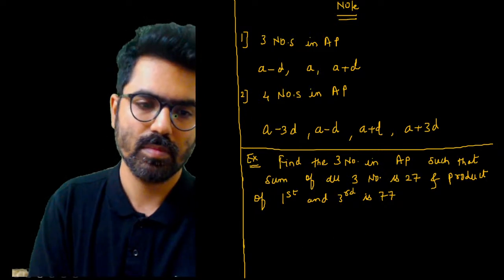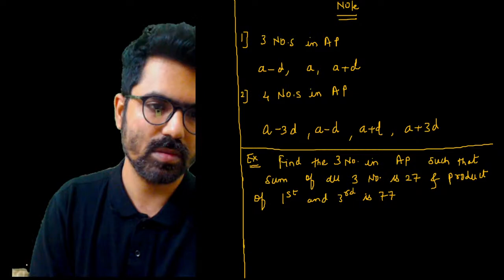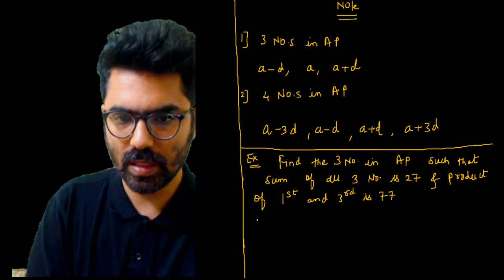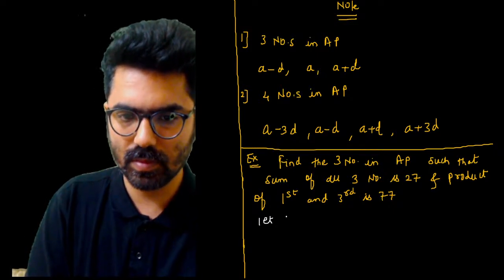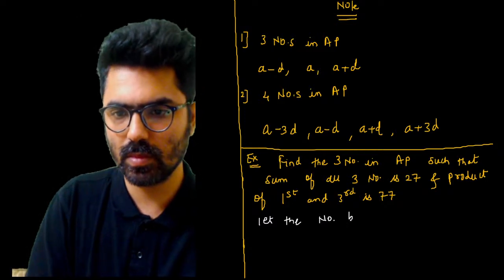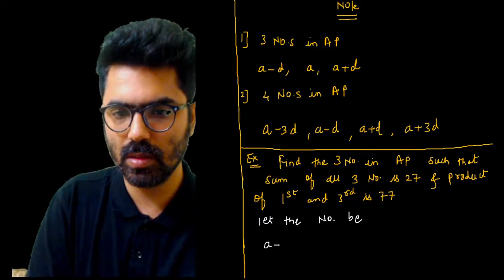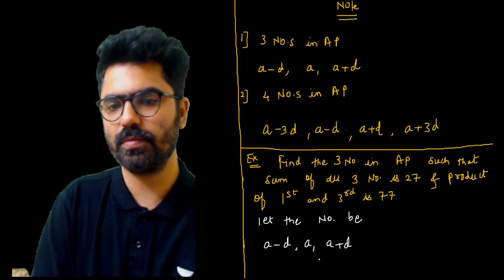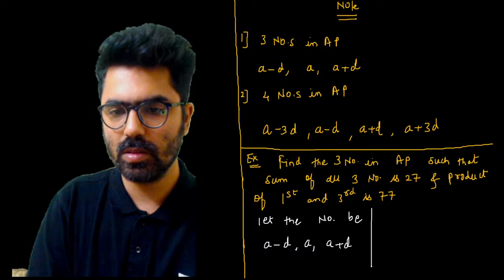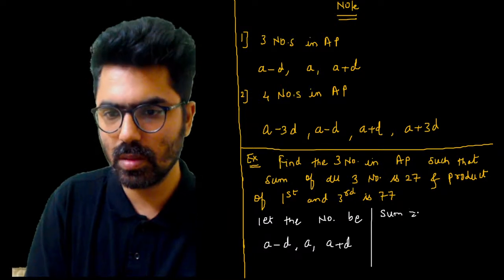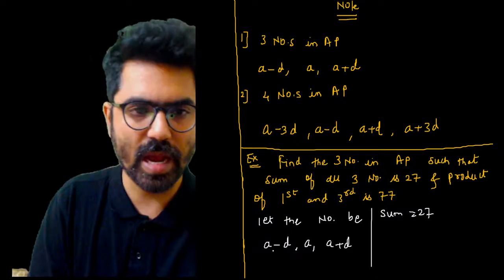So let's start solving this. Let the numbers be a minus d, a, a plus d. The sum is given as 27.